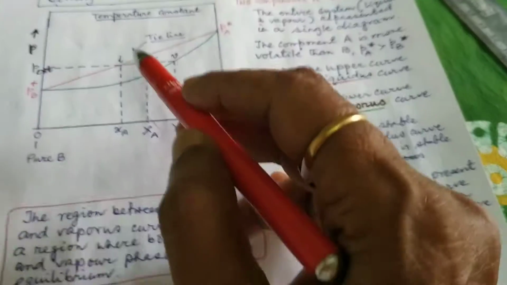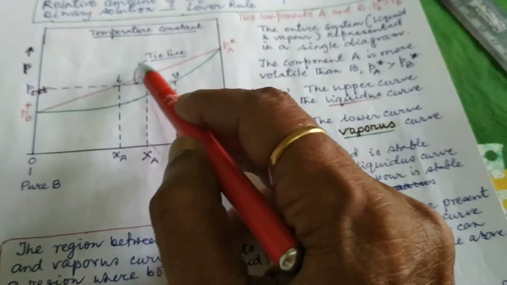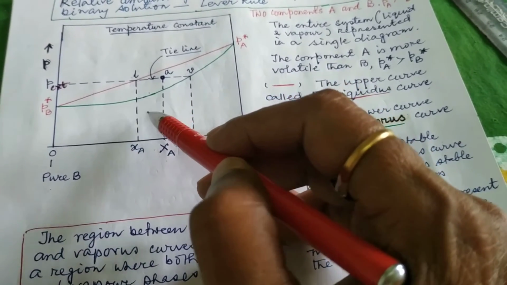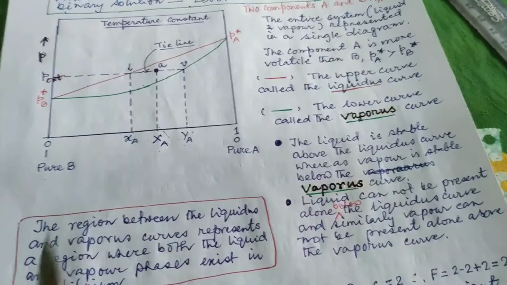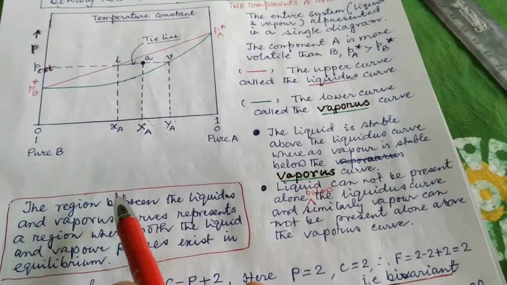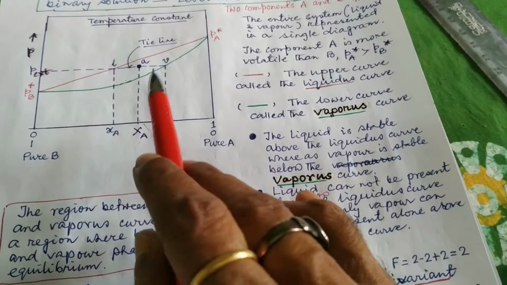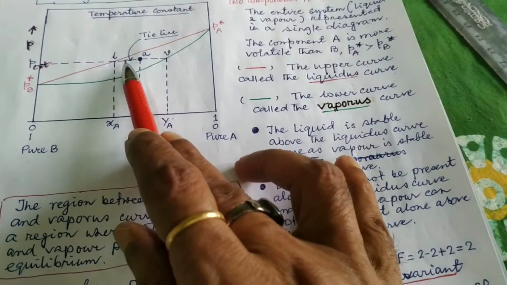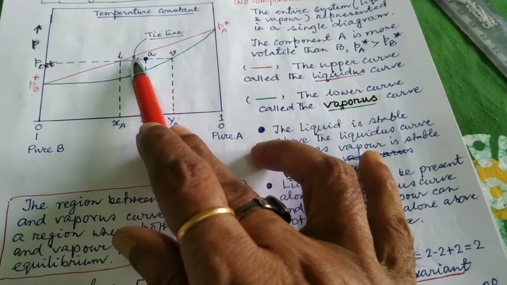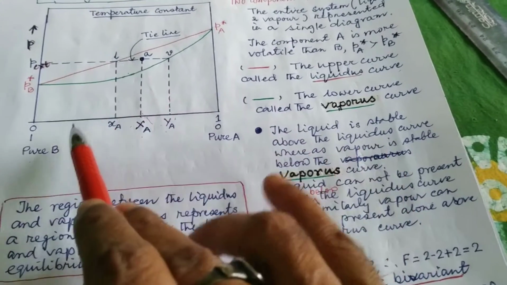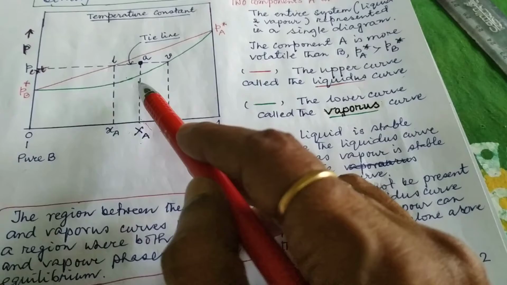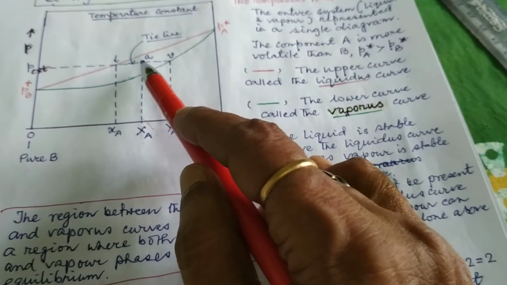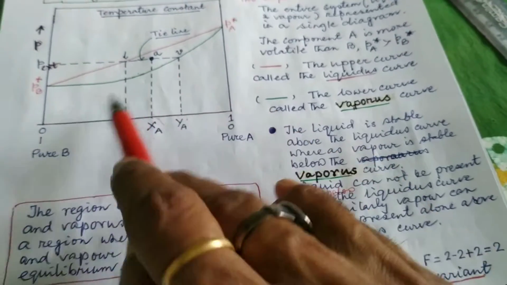Now, liquid is stable above the liquidus curve. Here liquid is stable. And vapor is stable below the vaporous curve. Liquid cannot be present alone below the liquidus curve. Similarly, above the vaporous curve, the vapor cannot be present alone.